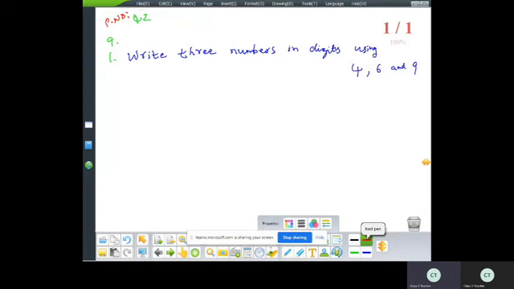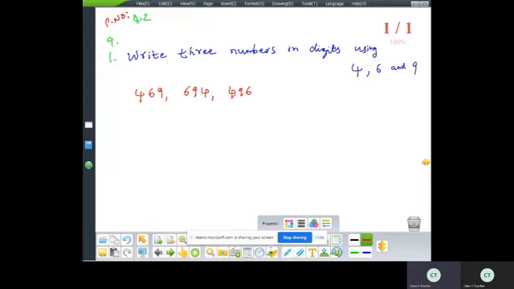Here 3 numbers are given, that is 469, 694, 496. These given 3 numbers were generated by 4, 6 and 9.